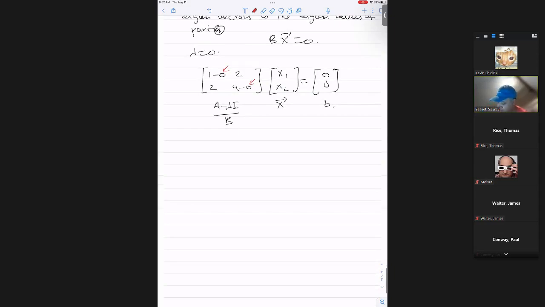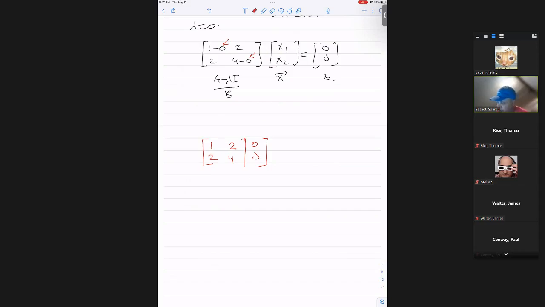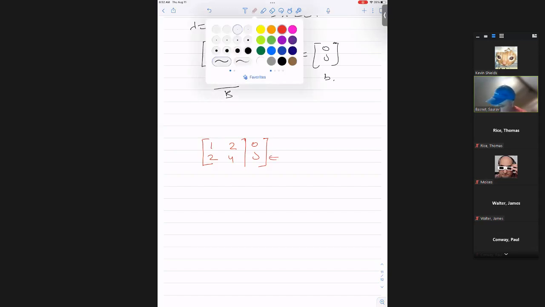Now I will use the row reduction method, it's easier. The matrix is [1, 2; 2, 4] with right side 0, 0. I try to make one row 0 so it's easy to solve.